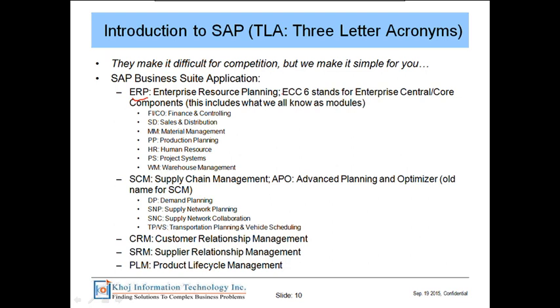And in that product, you have the modules which some of you might have heard about: FICO for FI and controlling, SD for sales and distribution, MM for material management, PP for production planning, HR for human resources or human capital management, project systems, warehouse management. These are the modules in the product called ERP/ECC.